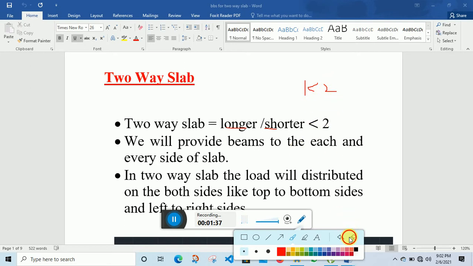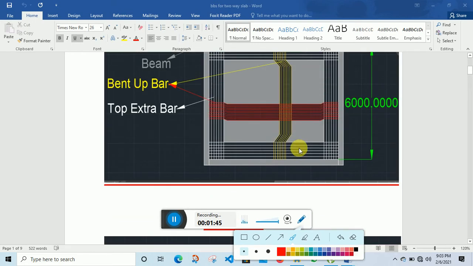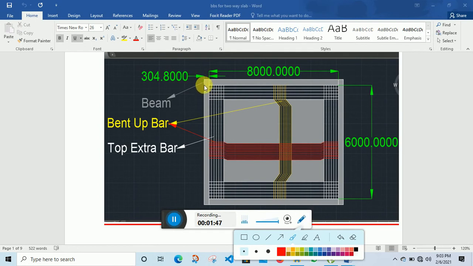Okay, and now we will provide beams on each and every side of the slab. So this is a two-way slab, here also a beam, here also a beam, here also a beam, and here also a beam. So this is the two-way slab system. Therefore we provide beams at each side.